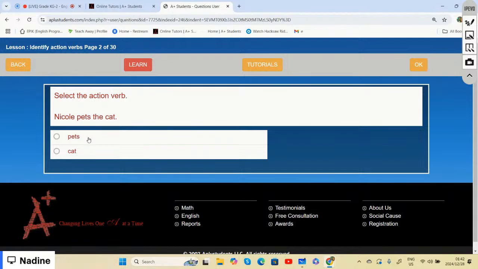Nicole pets the cat. So what is the action verb? Is it option one, pets, that tells us what Nicole does, or cats that tells us what Nicole does? Nicole pets the cat. Which one is correct?